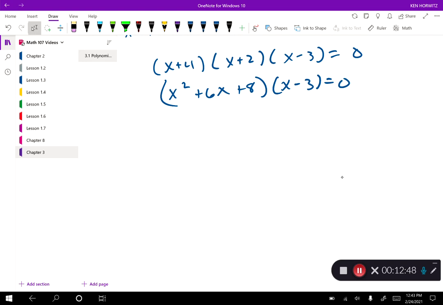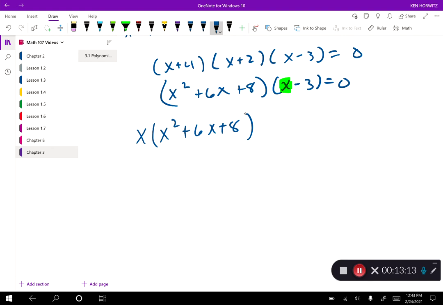So I'm going to take this x and I'm going to multiply it times my trinomial. So basically what I'm going to do is, rather than try to do it in my head, I'm going to write it out. I definitely endorse writing it out. All right. It's one more line of writing.